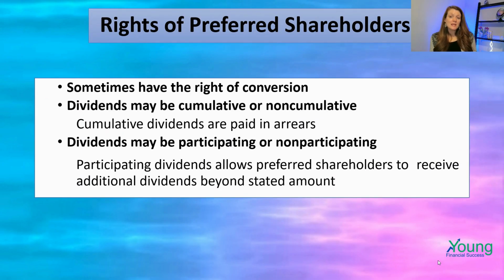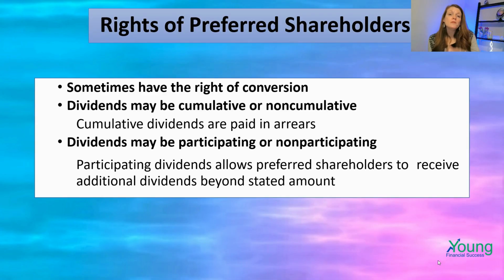Dividends may be cumulative or non-cumulative. Now, this is really important to understand because you're going to see this a lot, and this is going to be a game changer. If dividends are cumulative, that means they can be paid in arrears. So if they tell the preferred shareholders that their dividends will be, let's say, $10 a share, but then they don't pay any dividends out for 3 years, then on that 4th year, they pay out a lot of dividends.